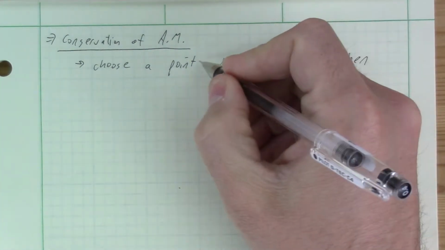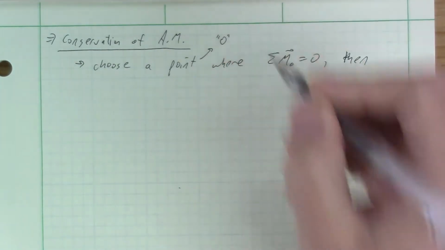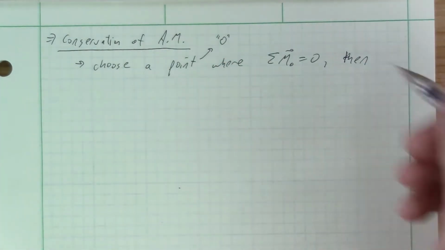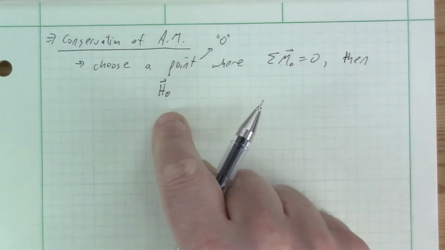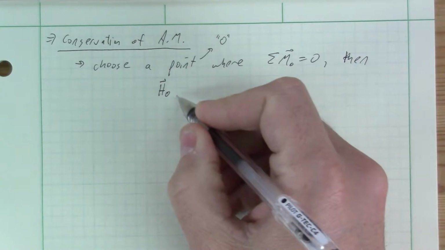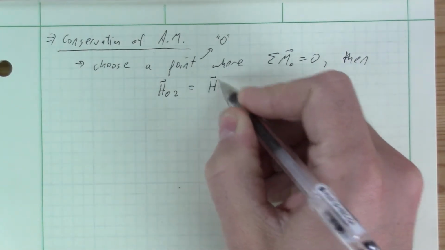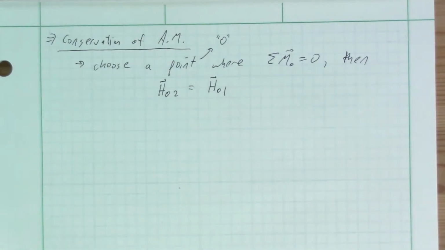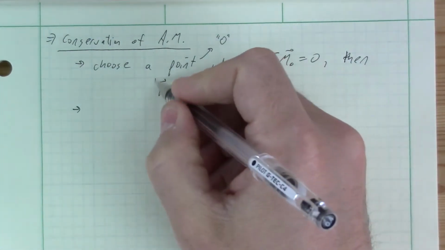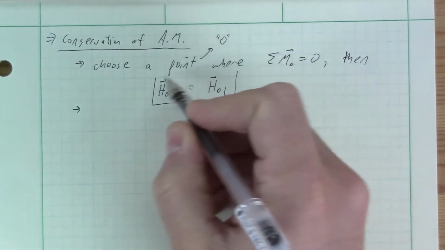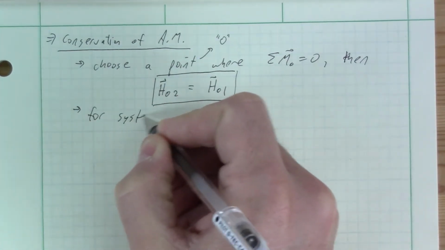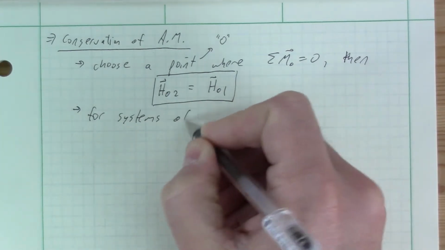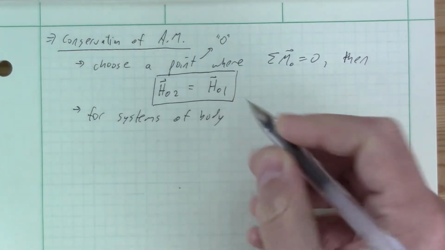So choose a point. This point will be O when we write it down in our notation. Then the angular momentum about O in state 2 is the angular momentum about O in state 1. Just like with linear momentum, this may be useful for a single particle, but it's often helpful for a system of bodies, or maybe for one body.